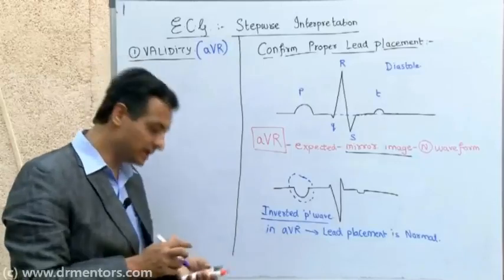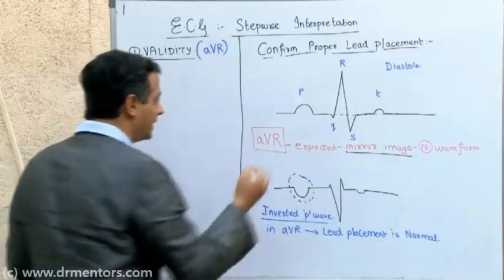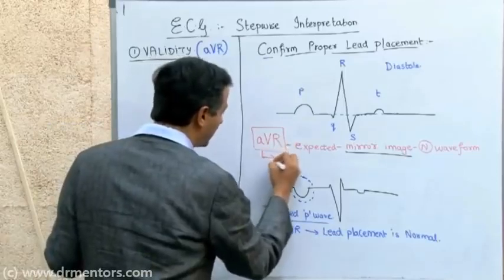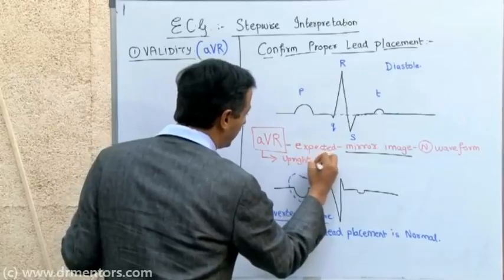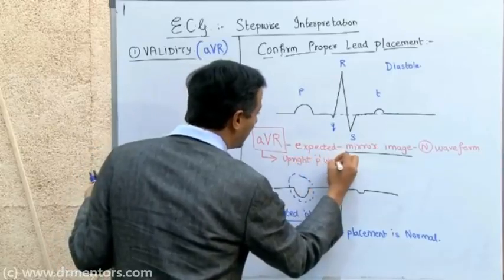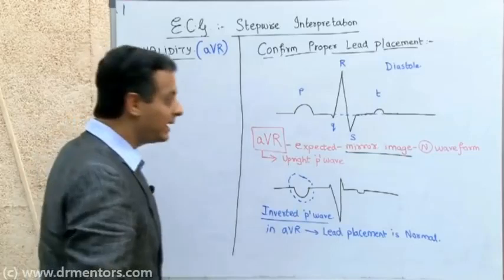So the other side of the story, if in lead AVR you get upright P wave, what does that indicate?